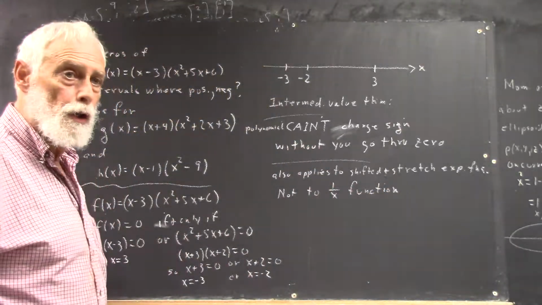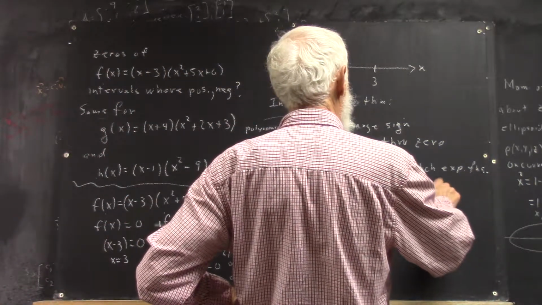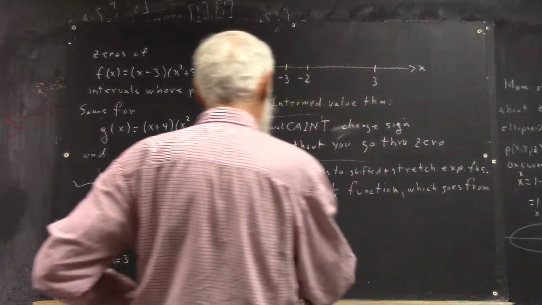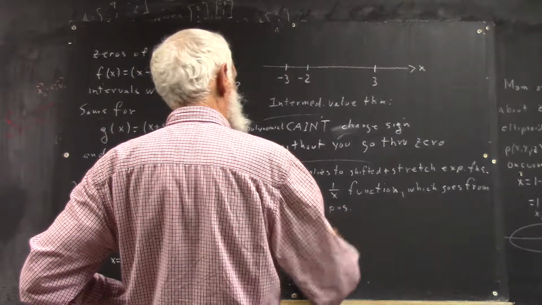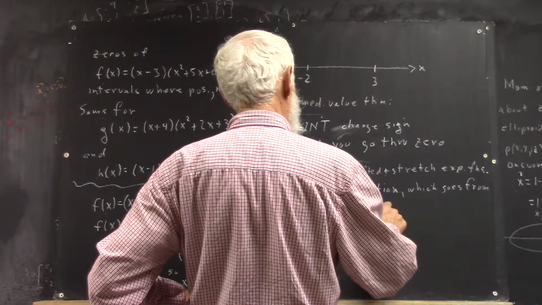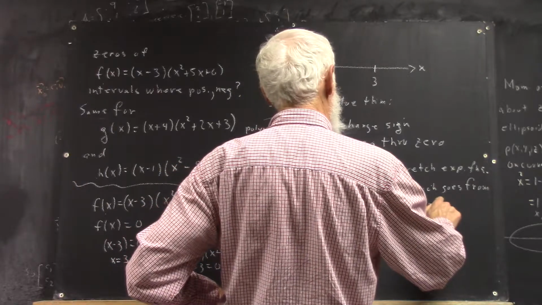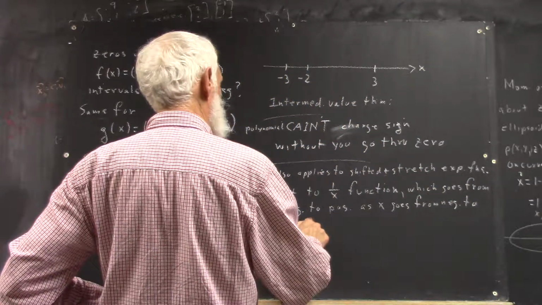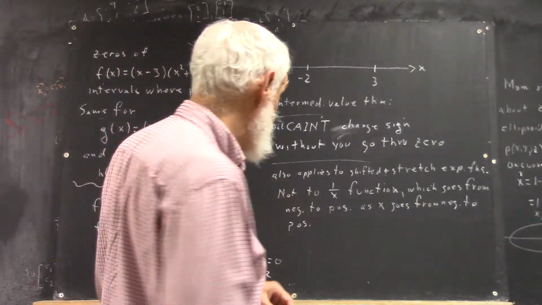Okay, or it can flip over, and be raised, whatever. It doesn't apply to the 1 over x function, which does go from negative to positive as x goes from negative to positive.